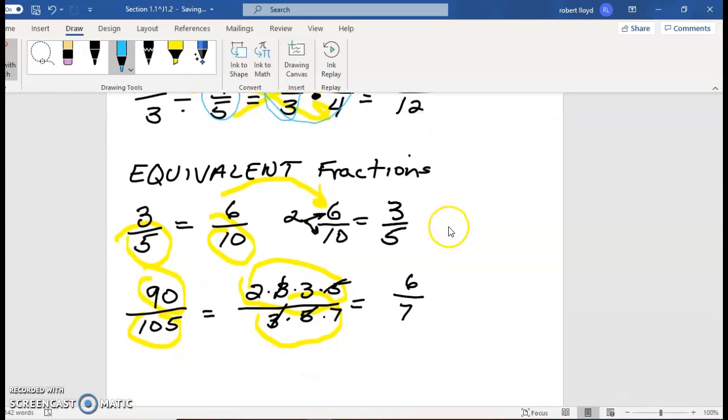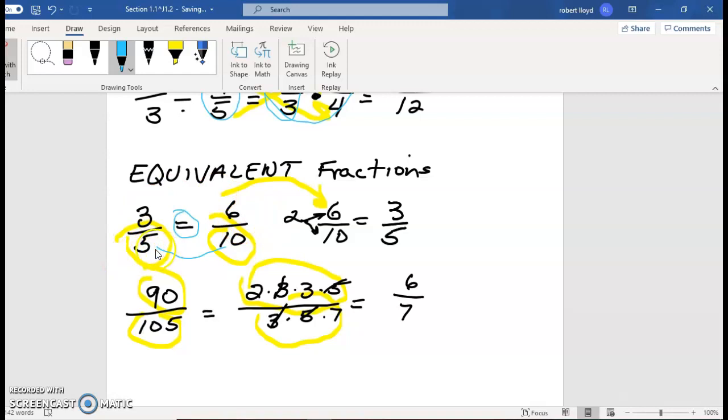Equivalent fractions means that they're equal. But notice they have different denominators. So to get from 3/5 to 6/10, you would have to multiply the numerator and denominator by 2.